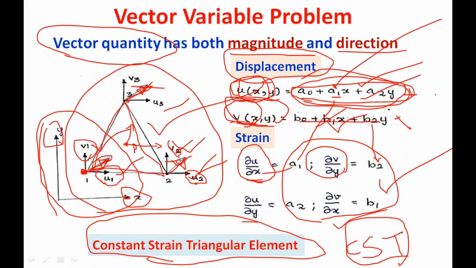First will be linear strain, that is called a linear strain triangular element. If you want to increase the strain variation, we can go with a higher order polynomial, then the strain variation will be quadratic and cubic like that. That is what we have to understand.